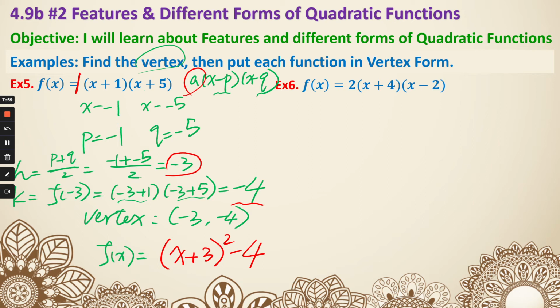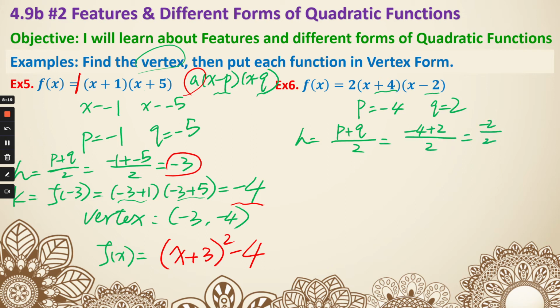Same thing, we're going to need to identify our p and q first. Basically, the p and q are always going to be the opposite of the number given. So my p would be -4, and my q would be 2. H is p plus q divided by 2, so -4 plus 2 divided by 2. That's going to be -2 over 2, which is -1.